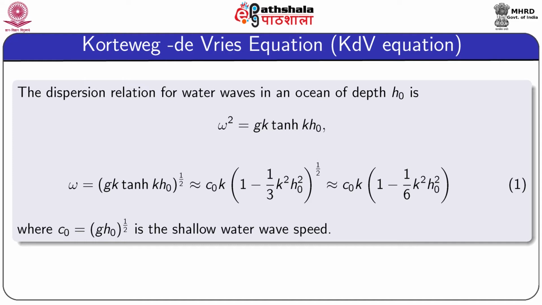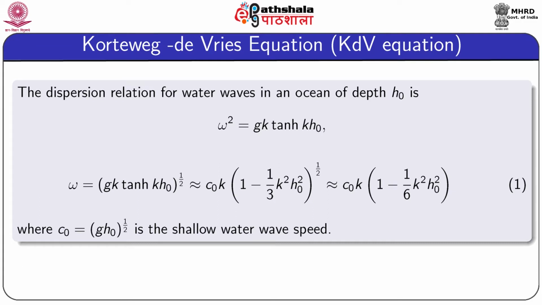First, we shall start with the dispersion relation for water waves in an ocean of depth h0, which is given by omega squared equals g k tanh(k h0), where h0 is the depth of the ocean, omega is the frequency of the wave, and k is the wave number.